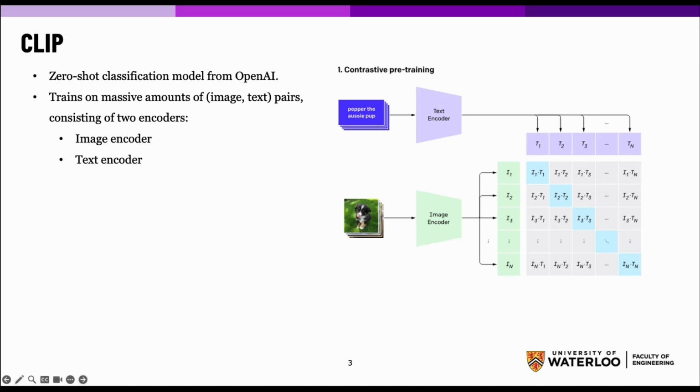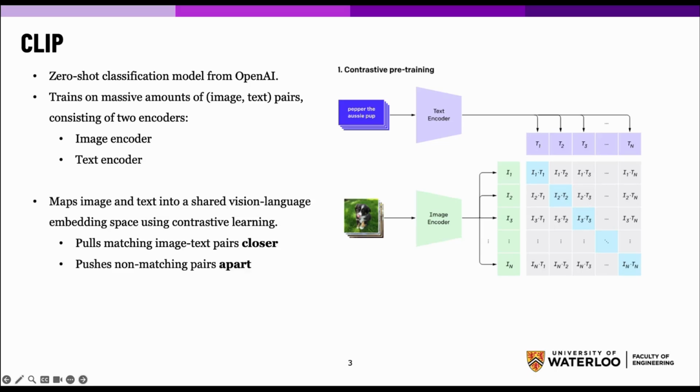The first is the image encoder, which takes images and produces image embeddings, and the text encoder, which takes text and produces text embeddings. So the idea is you want to map these image and text into a shared vision language embedding space. And they can do that during training by performing what's called contrastive learning.